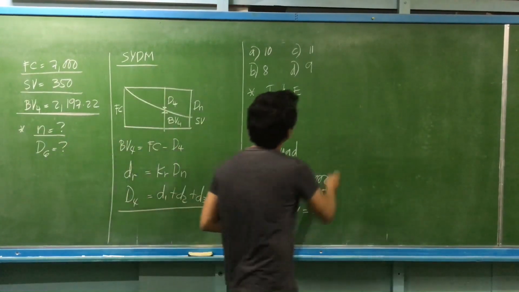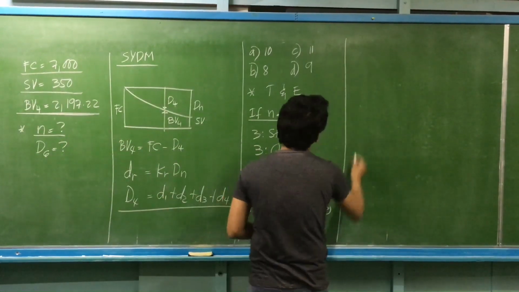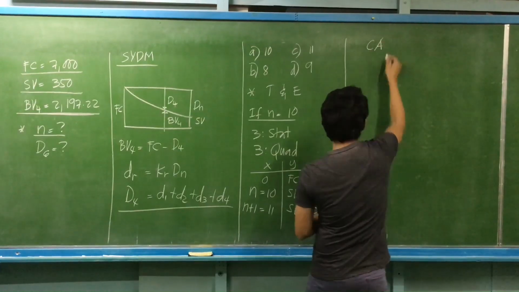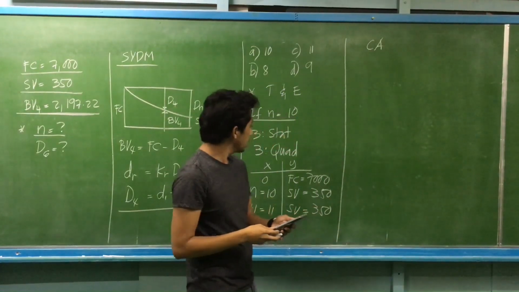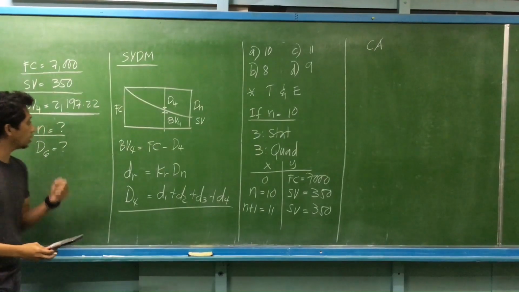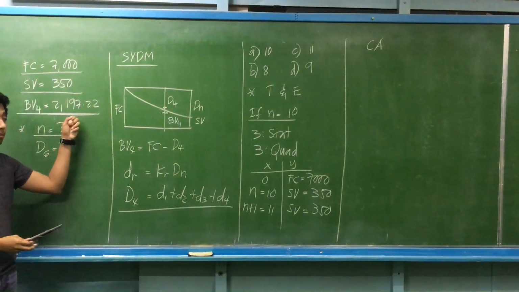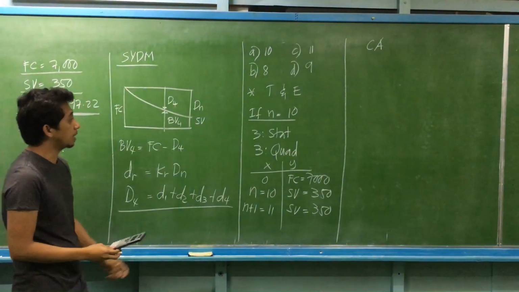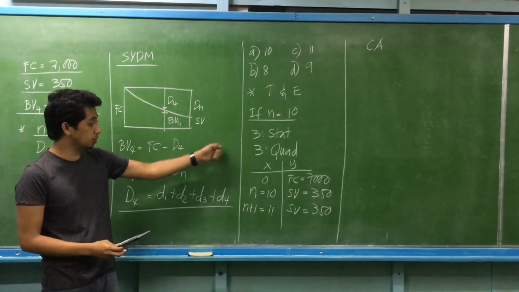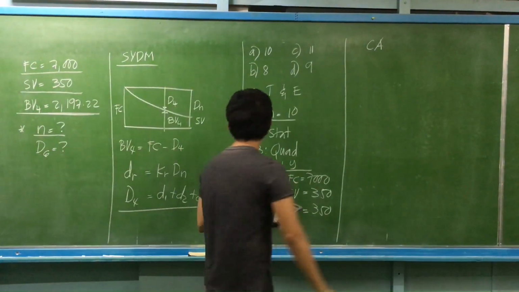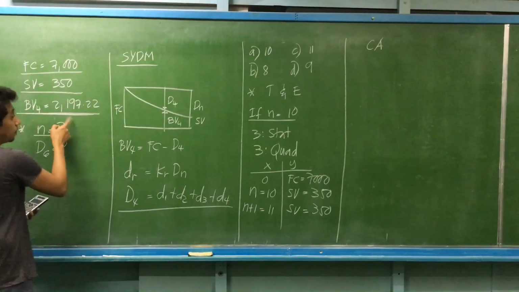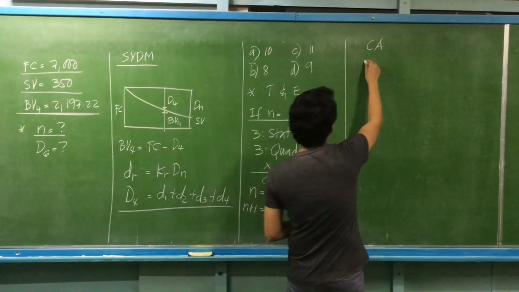After maglagay ng data, press AC, clear all. Kailangan lang natin mapalabas dito yung book value number 4 na given. Kasi if you're using Caltech, dapat ang nakapalabas ay mga book value. So we are looking for the book value number 4. So lagay natin, this is 4.